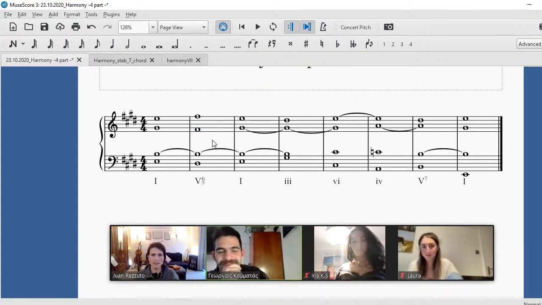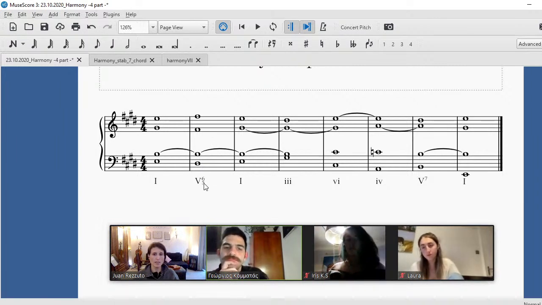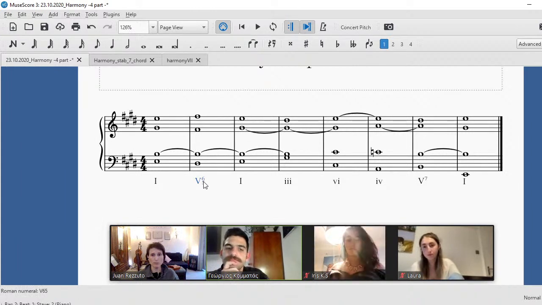So you say this. Yes. We'll do the same. So double the fifth of the chord. Then you have the leading tone. Yes. 6 5. Now it's not the seventh. So just 6. That's it.